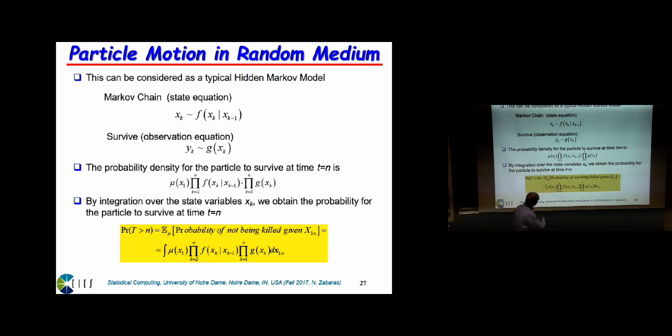So what is this integral from a mathematical point of view, based on our notation before? What is this integral? You remember we defined the unnormalized posterior as gamma, and then on the denominator we had something as z, a normalization factor.